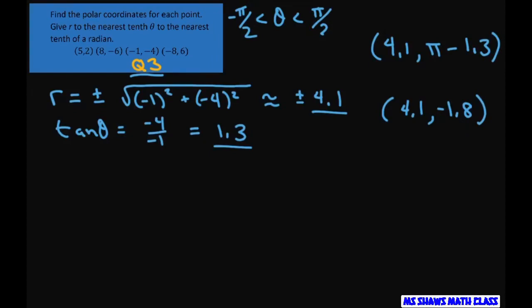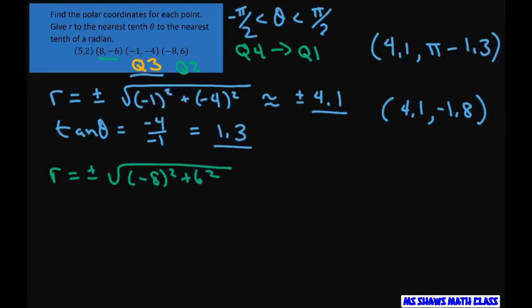And for the last one, this one is in quadrant 2. Again, that's a problem, because this goes from quadrant 1 to quadrant 4 to quadrant 1. So we have r equals plus or minus, just like this one, the square root of negative 8 squared plus 6 squared, which equals plus or minus 10. And then we have tan of our angle is 6 divided by negative 8.